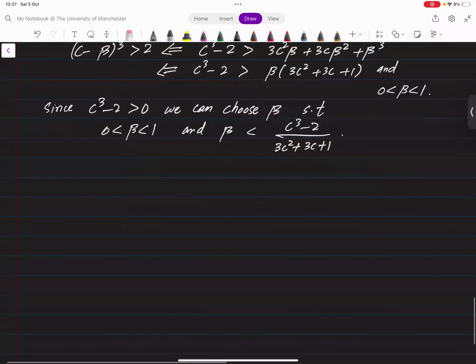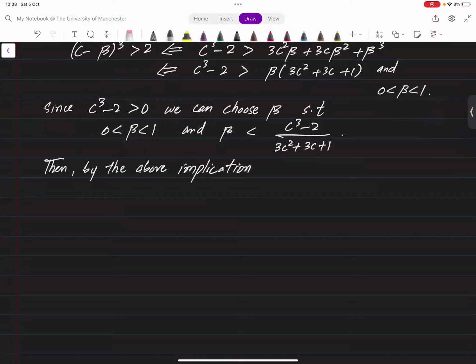Then, by the above implication, it follows that (c minus beta) whole cube is greater than 2. This leads to a contradiction.